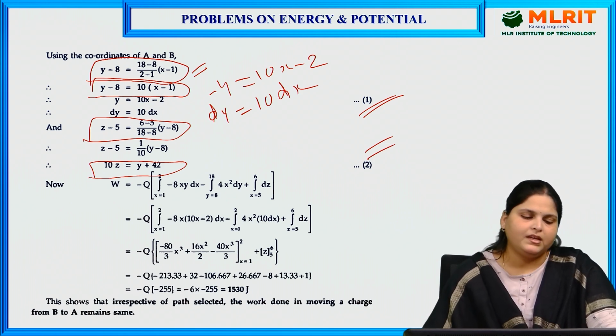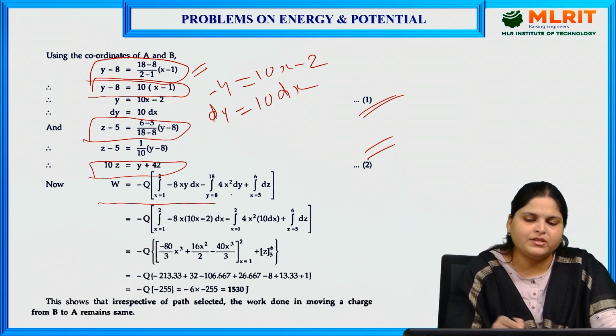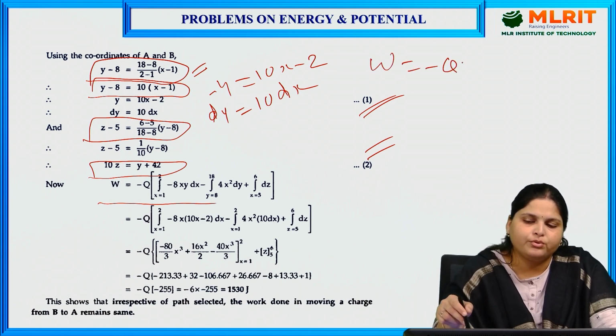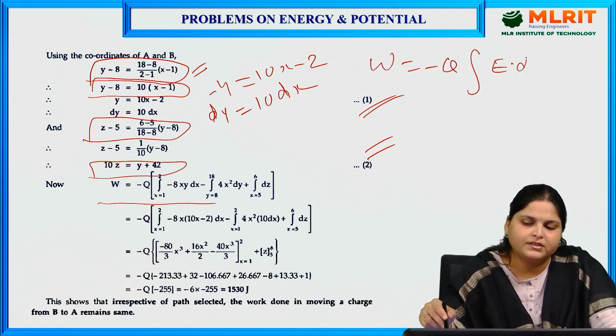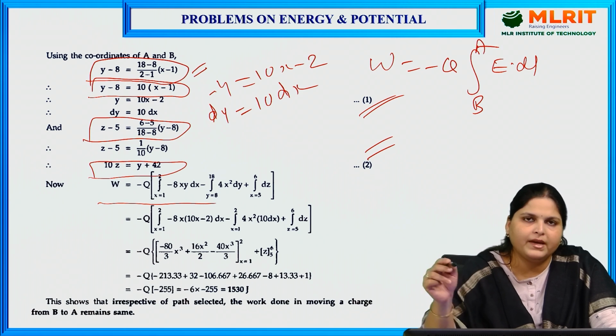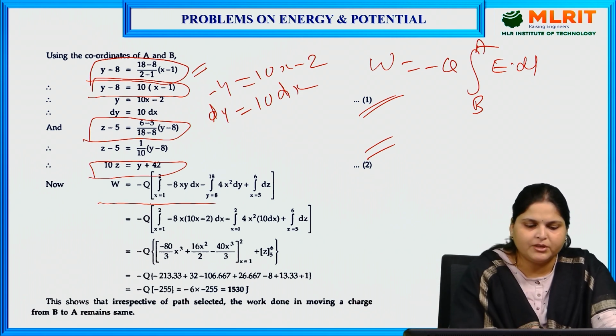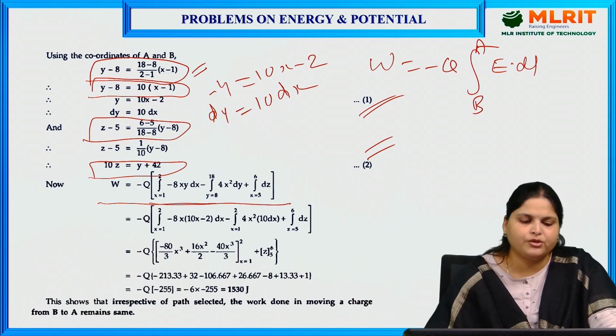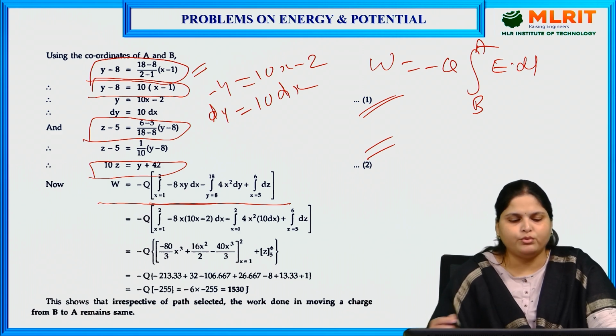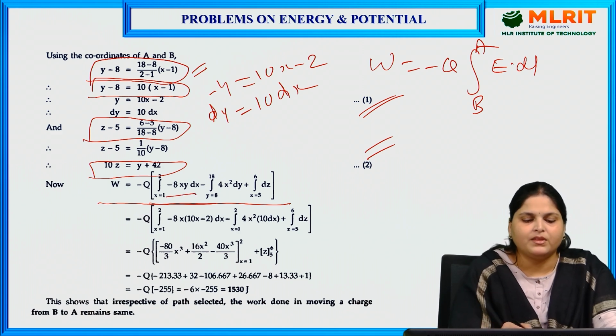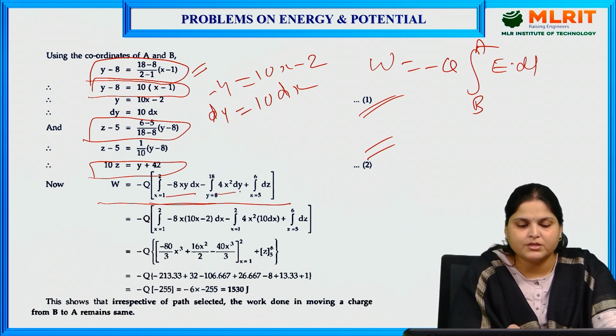Now let's again use the formula W is equal to minus q into integral of E dot dl from B to A. We are further putting it into this formula: integration of x from 1 to 2 of minus 8xy dx, minus integration of 4x square dy, plus integration of dz.